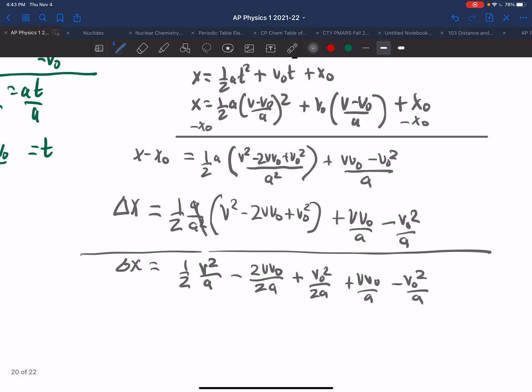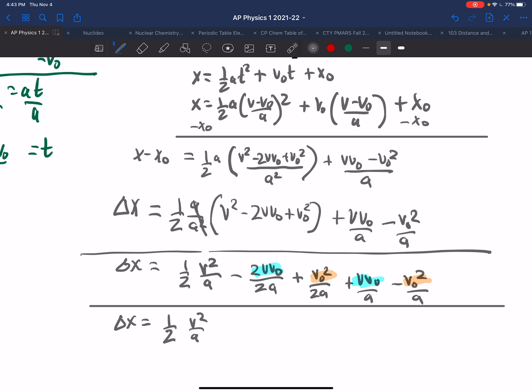Now, you might notice that there are some v0 terms and some v0 squared terms here. So changing the order that these appear might be helpful to us. Delta x is 1/2 v squared over a.